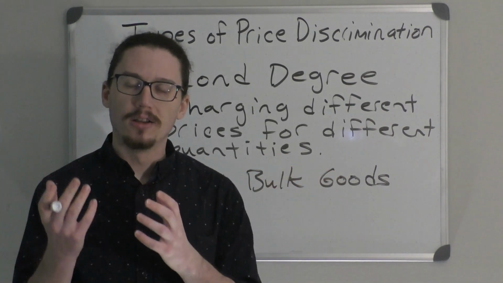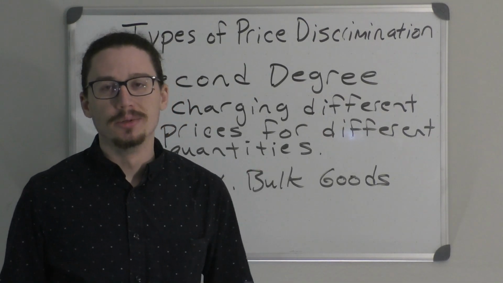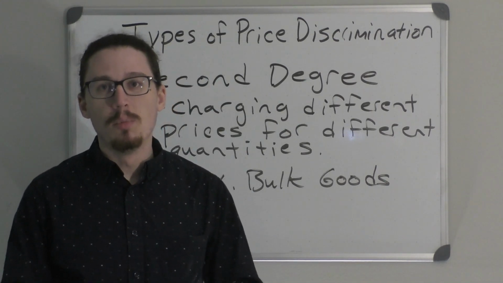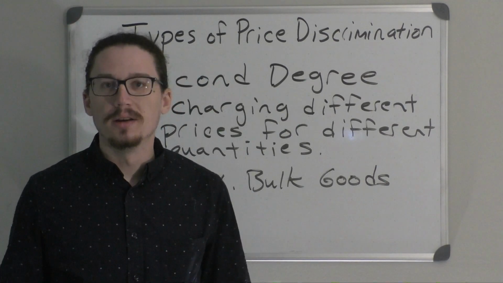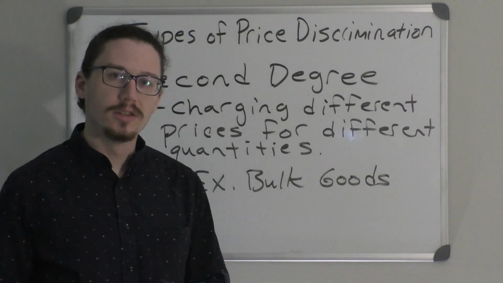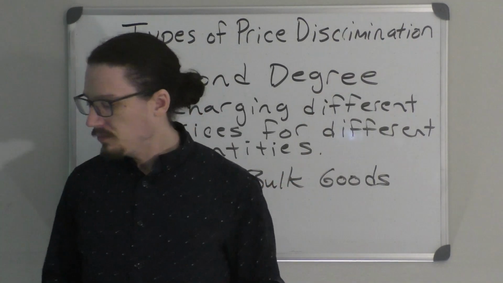I'm going to just buy it all at once. And so you can get a discount because that allows the company to spread those fixed costs over a larger quantity. You're helping them out, helping to lower their costs, and so you can get a lower price.